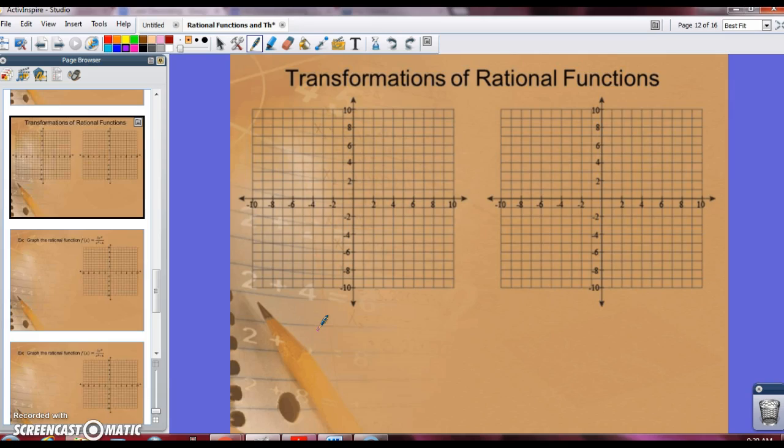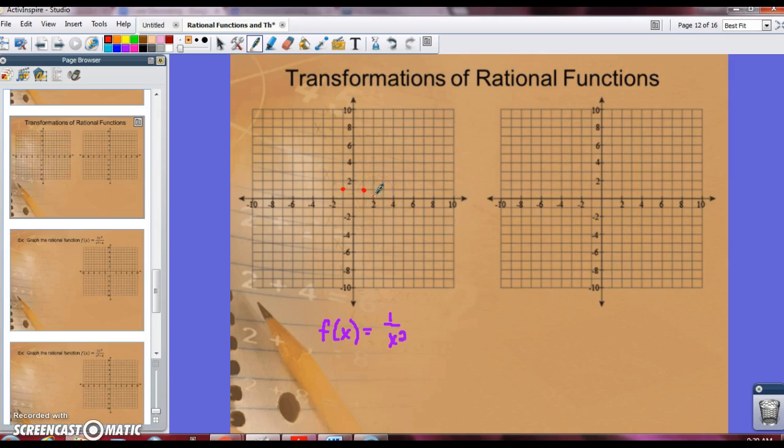Yesterday we talked about the reciprocal functions. We talked about f of x is equal to 1 over x, and we also talked about f of x is equal to 1 over x squared. So if we were to graph the function f of x equals 1 over x squared, I know that I have this point here and this point here.